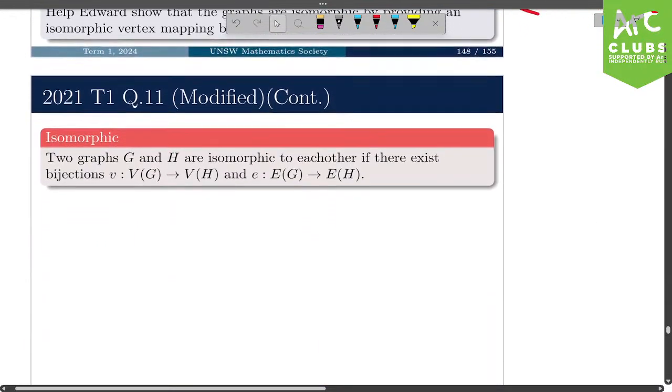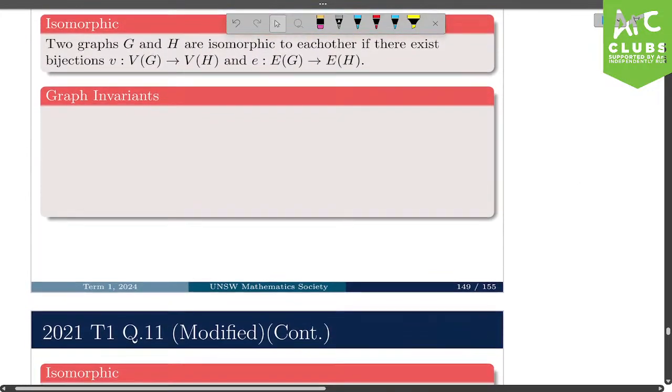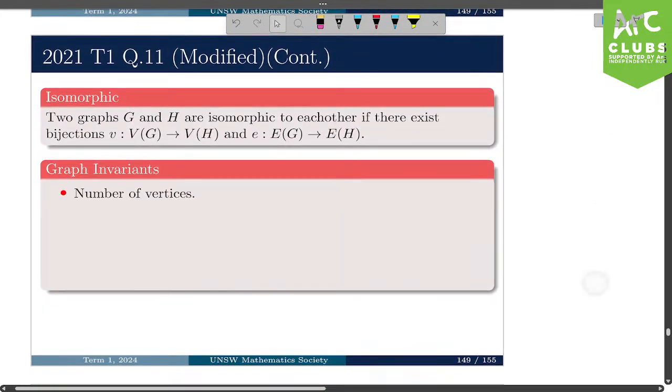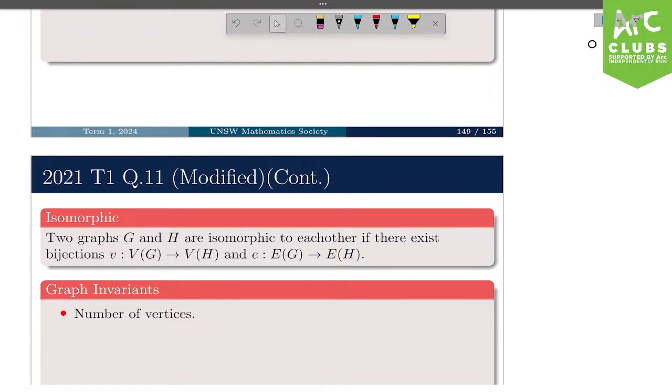Okay, cool. So there we go. That's the definition. We want to look at a bunch of graph invariants. So graph invariants are things that hold true between graphs that are supposedly isomorphic. If any of these things aren't true, then we can immediately say, hey, that's bad. The graphs aren't isomorphic.